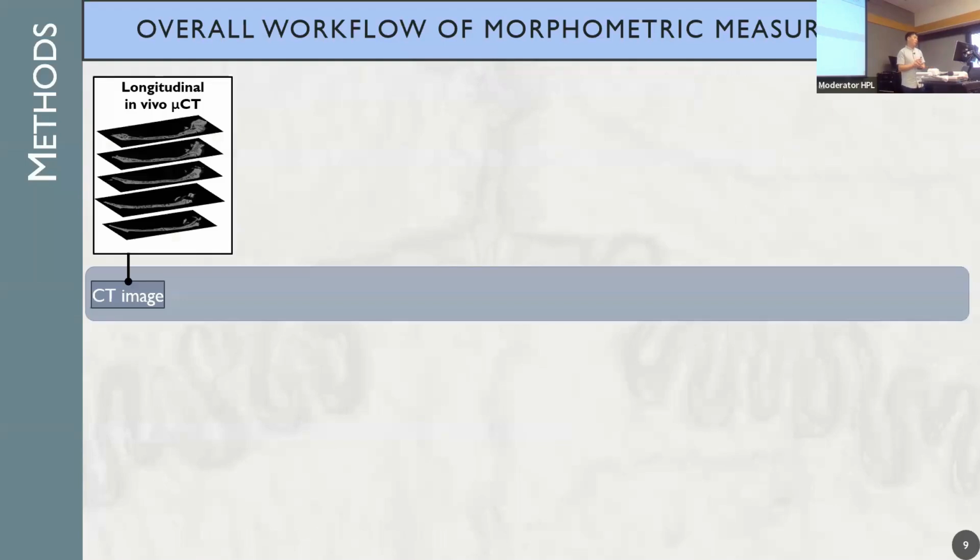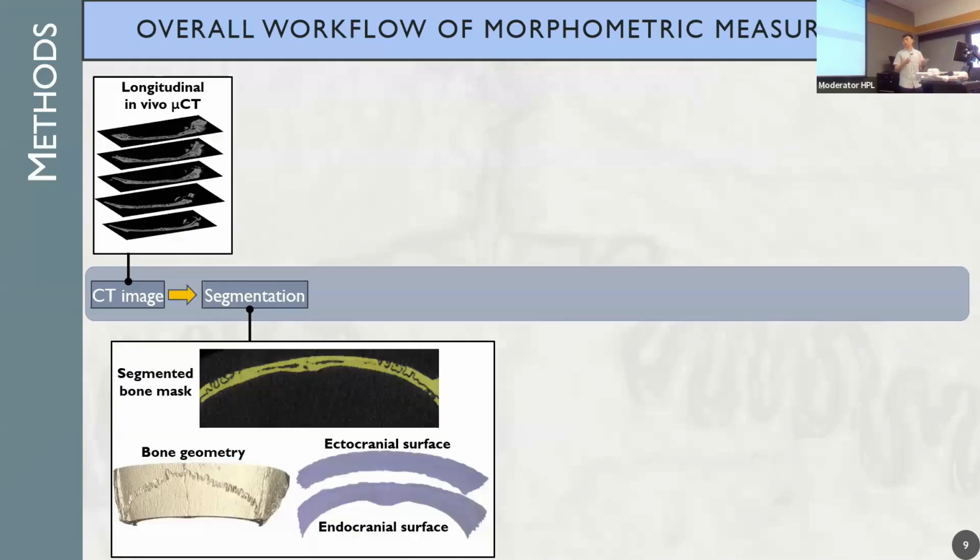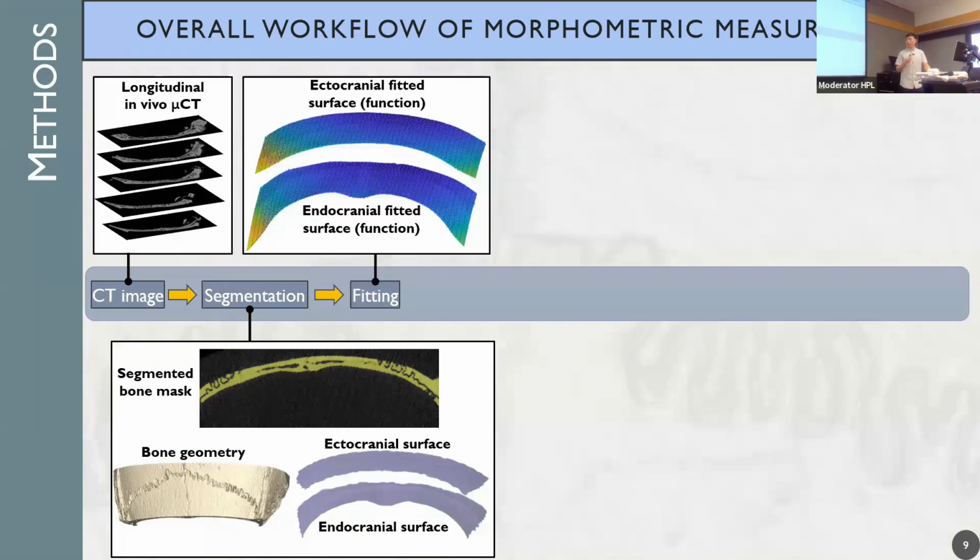Okay, so here's the overall workflow. First, I started with a micro-CT image. Then bones were segmented around the coronal suture, which was the suture of interest for me. And then the endocranial surface and extracranial surface of the skull were extracted, and a surface function was fitted to that.